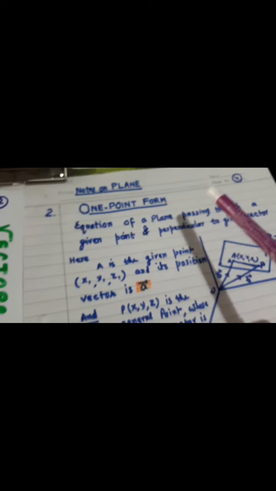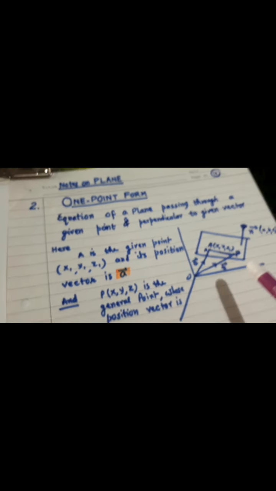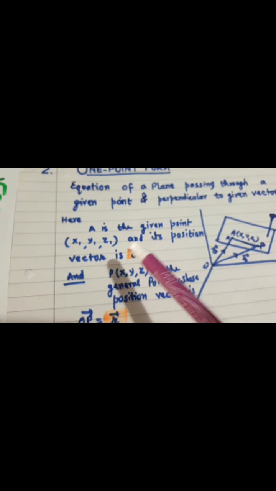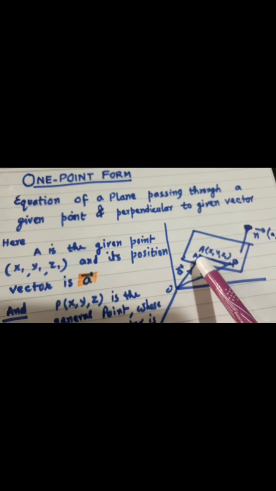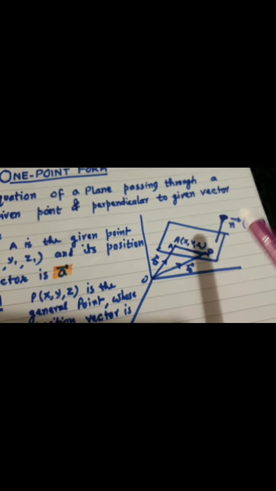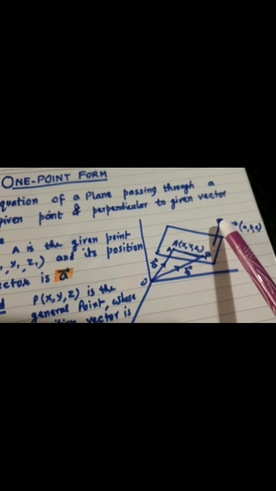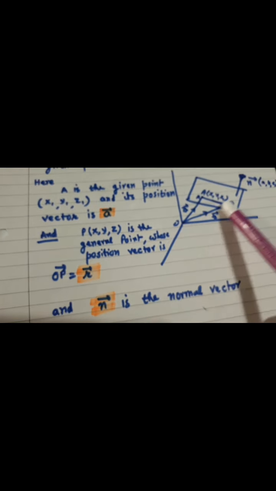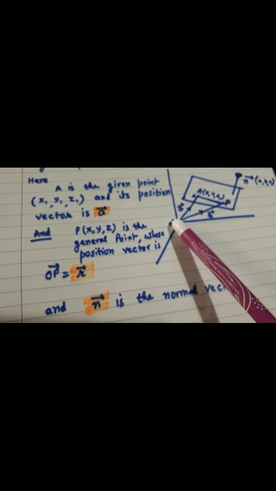1 point form. The plane is passing through 1 point. So let us say A is the given point on this plane, that is x1, y1, z1. This is the nail. I told you it is always there. Its components are A, B, C. Now, this is the general vector. OP is always the general vector.